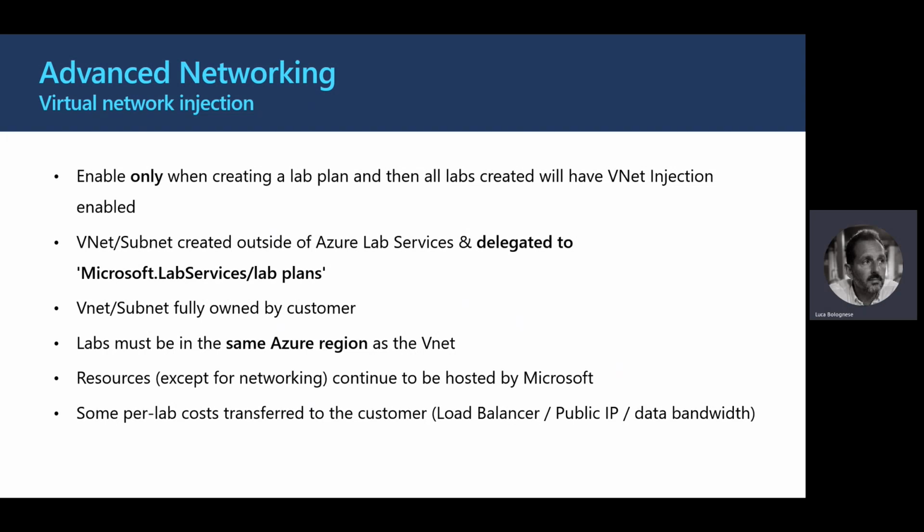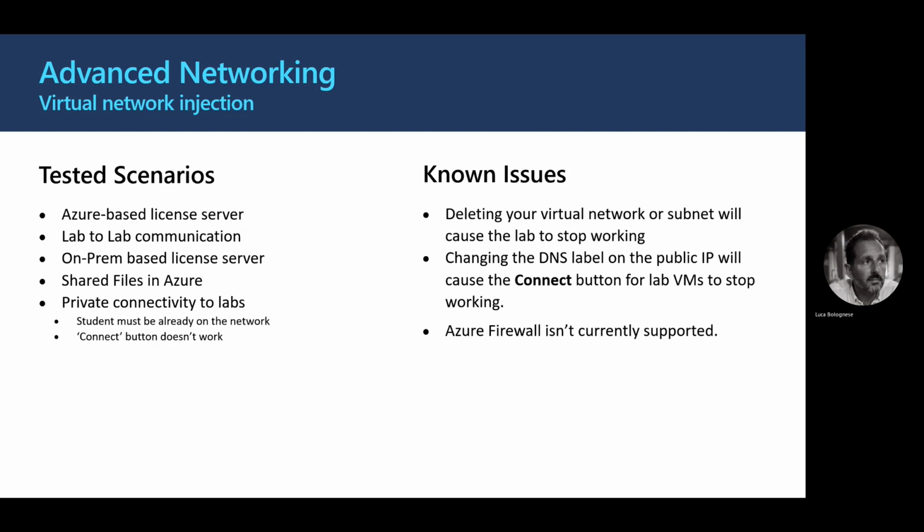Okay, so that's a more detailed description of what I just told you. So the scenarios that are enabled: the older one is on the left. A lot of stuff becomes simpler, like sharing files, for example, or having students directly connecting to the lab, or having two labs talk to each other, which was very hard to do in the past.